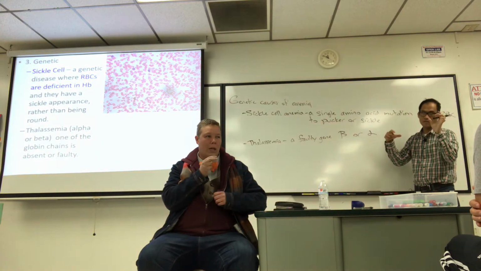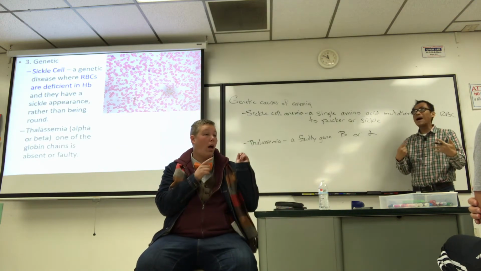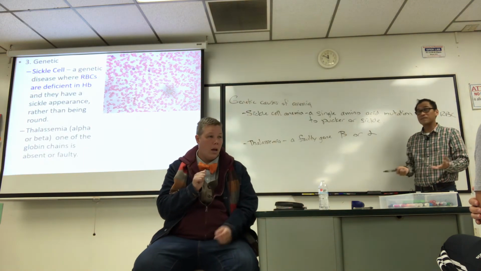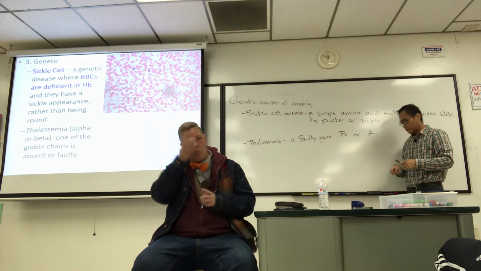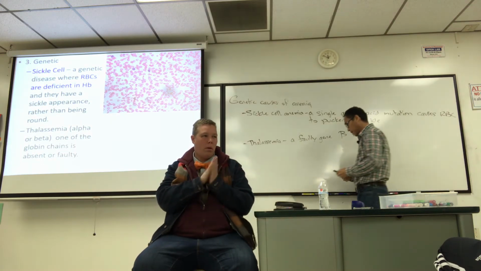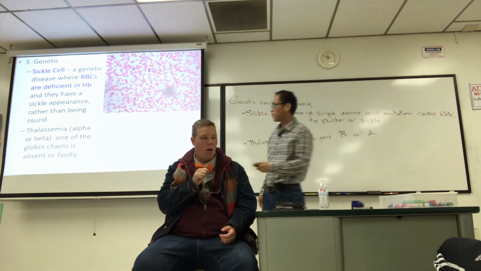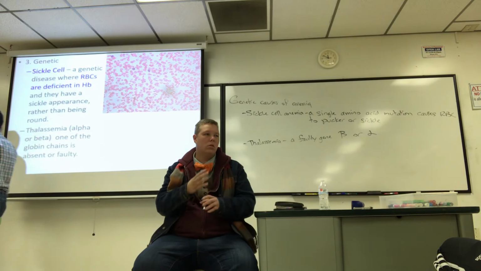I'm saying if one is faulty from either parent, that's the minor. If you inherit two bad of the same one, well, that's major and you usually don't survive. So it's a faulty alpha or beta chain, so you're going to have half the amount. That would cause that form of anemia. Maybe your crit's in the low 30s.